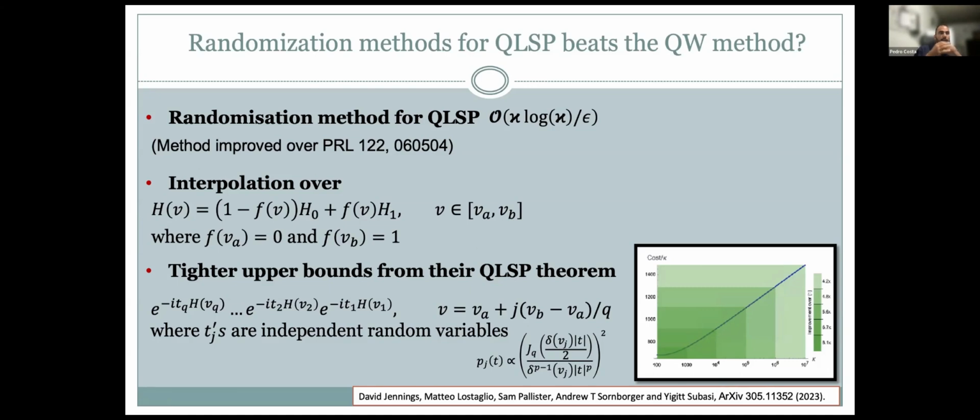And using this approach, they show much better, tighter upper bounds for solving the quantum linear system problem using the randomization method that we showed. This plot is coming from these results. It shows, for instance, that in the darkest green area, between condition numbers from 100 to 1000, these results could do better despite having worse asymptotic complexity scaling.